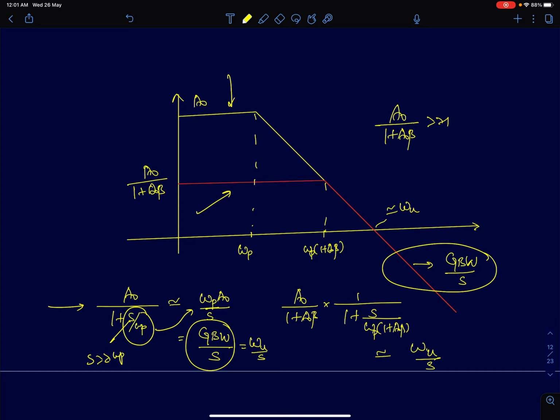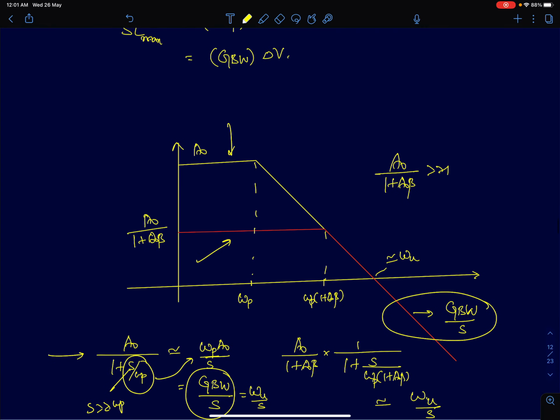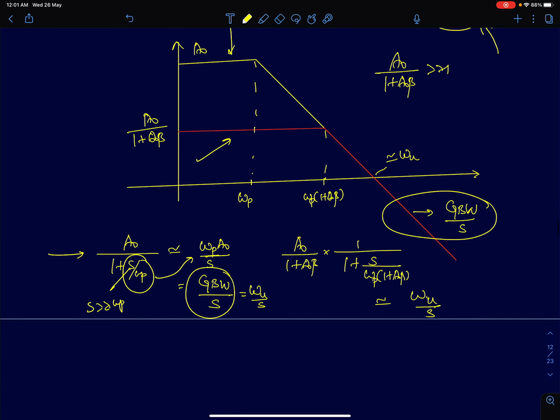An integrator is a system with one pole at DC, of the type some constant by S. At very high frequencies, it looks like an integrator, and the constant of integration is simply equal to the gain bandwidth product.